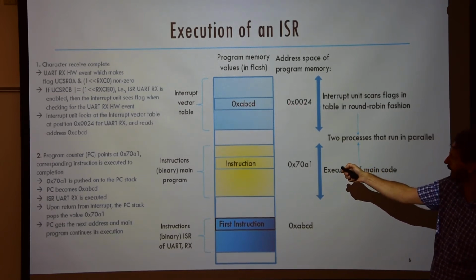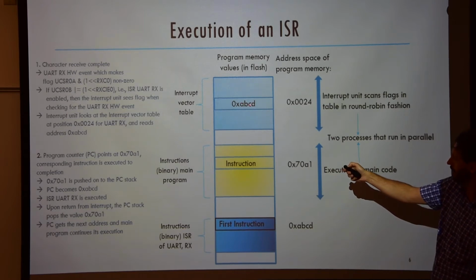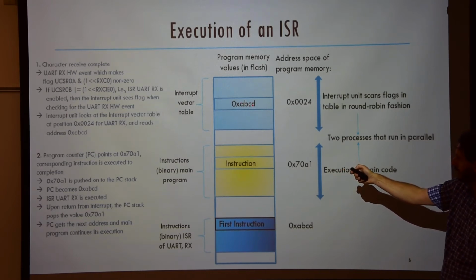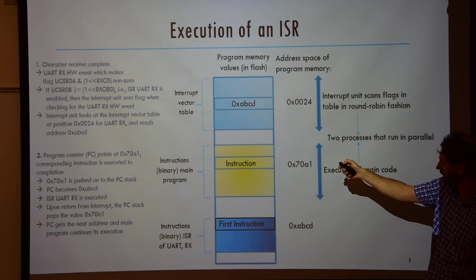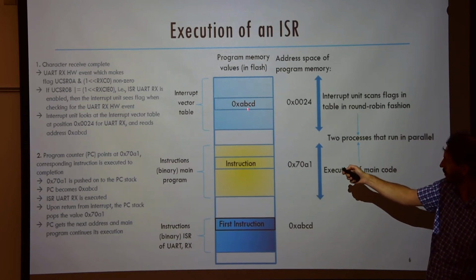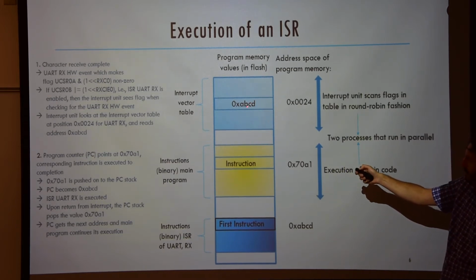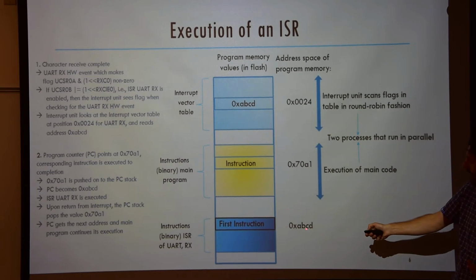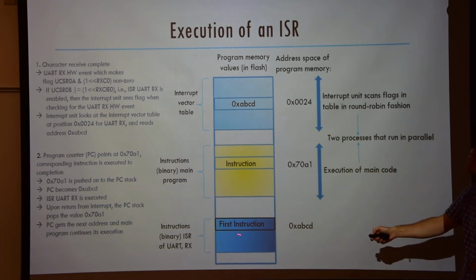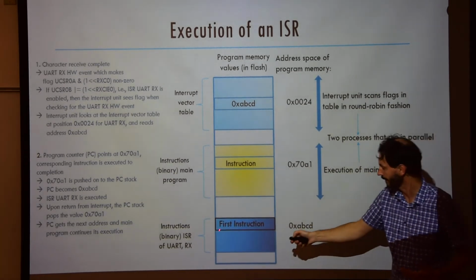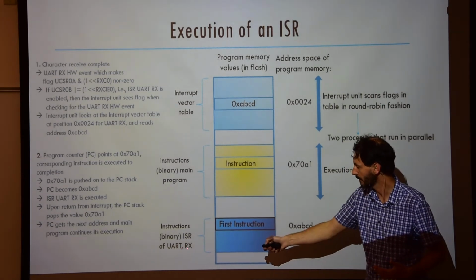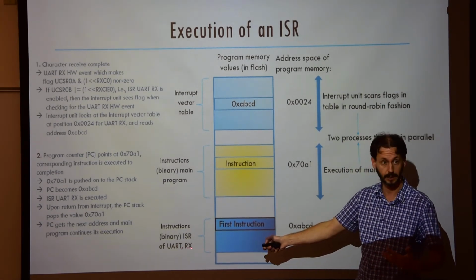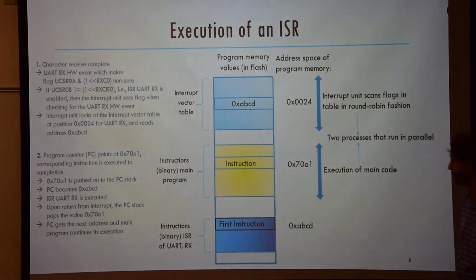Because these are 2 bytes, AB and CD. So those are stored in 2 memory cells, and it contains an address. The address is somewhere over here, also in your program memory, and here you will see the ISR of your UART that you want to execute if a character is received. So that's pretty cool.